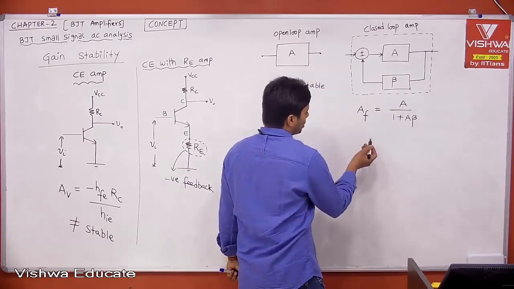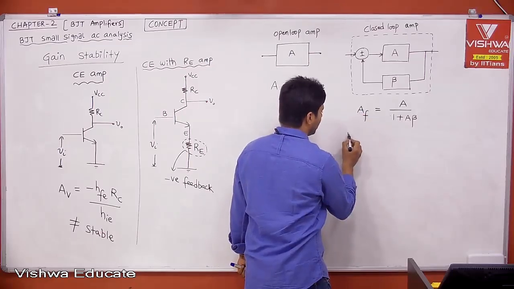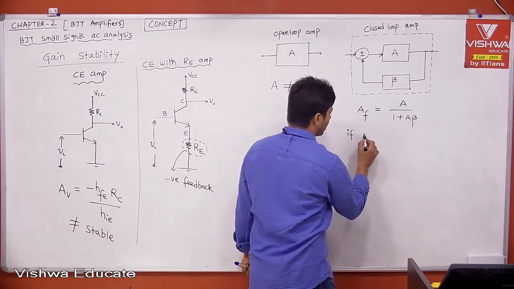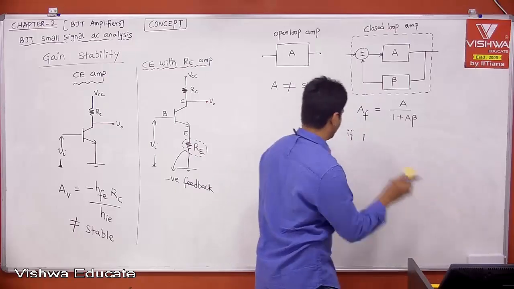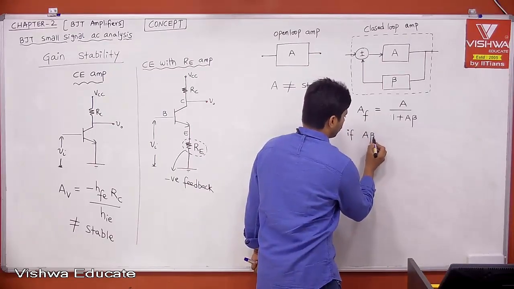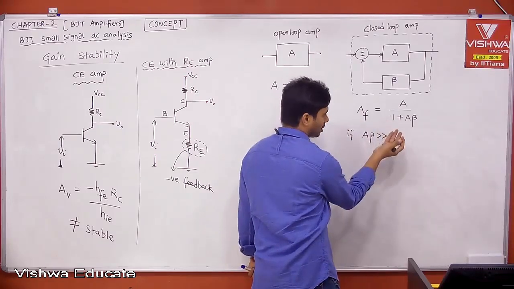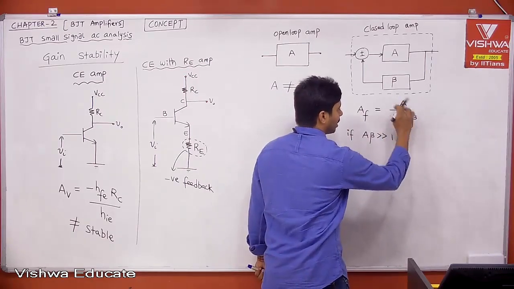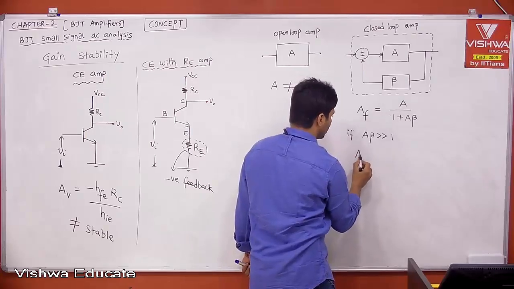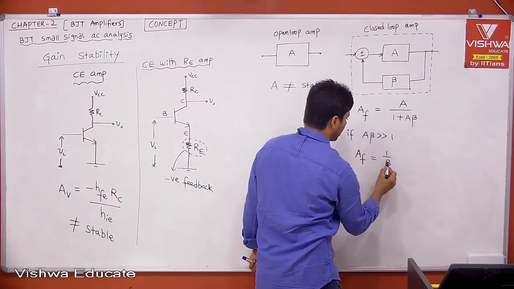No. Let me apply a condition such that it will be independent of A. Then therefore what is that? To make the AF stable, if A beta is very much greater than 1, can I neglect 1? Yes. Then A will be cancelled. Then what is your closed loop gain? Then your closed loop gain AF is equal to 1 by beta.